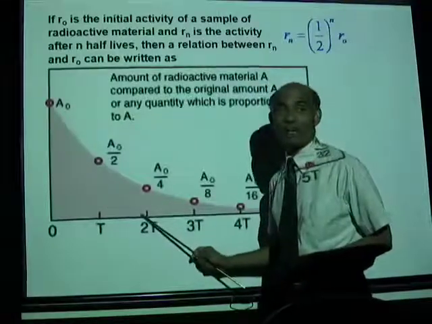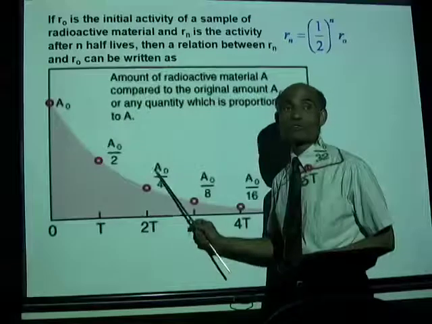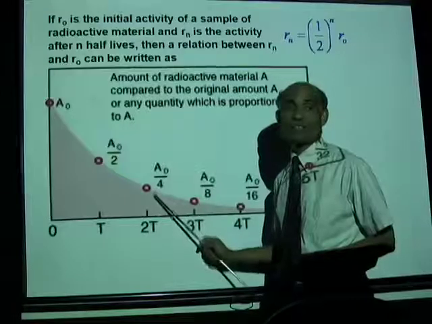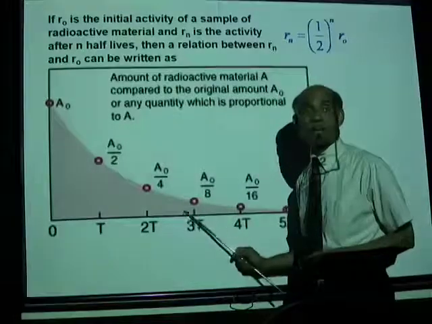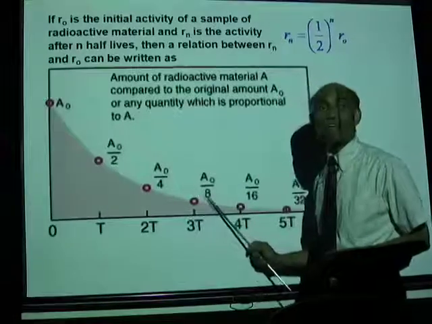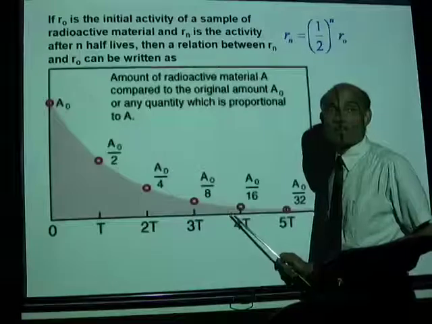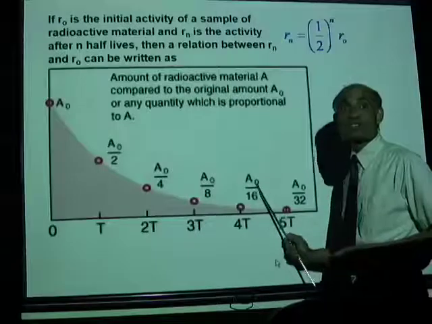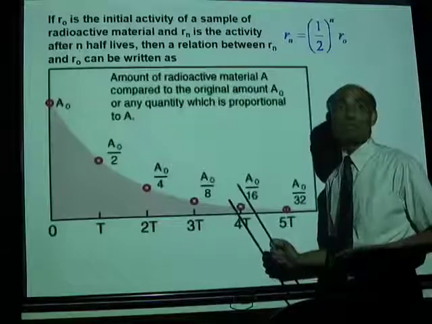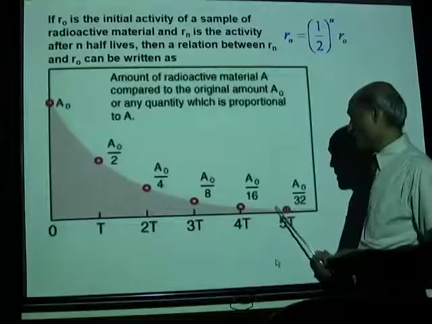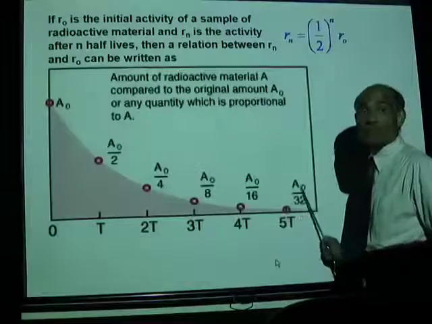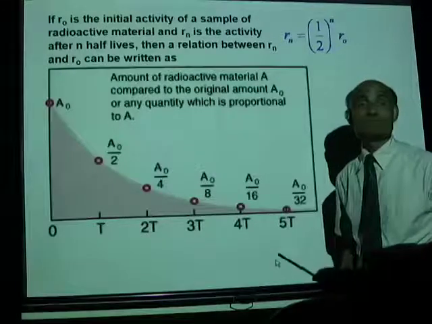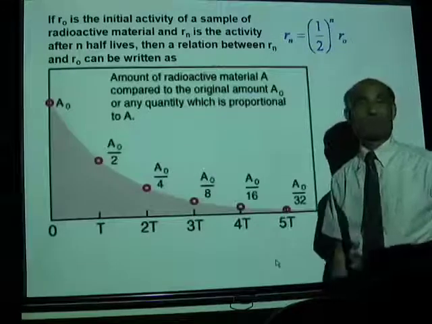After another half-life, only 1/4 of A0 is left. After 3 half-lives, only 1/8 of A0 is left. After 4 half-lives, only 1/16 of the original material is left. And after 5 half-lives, you have 1/32 of the original material left.